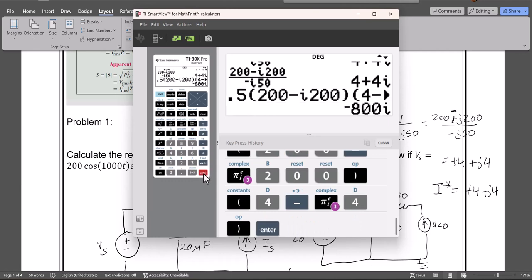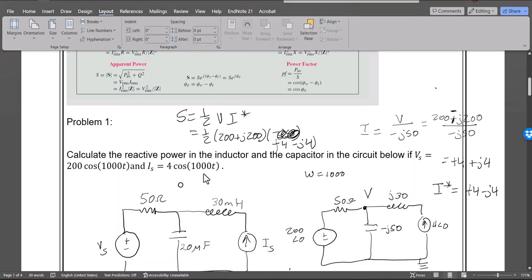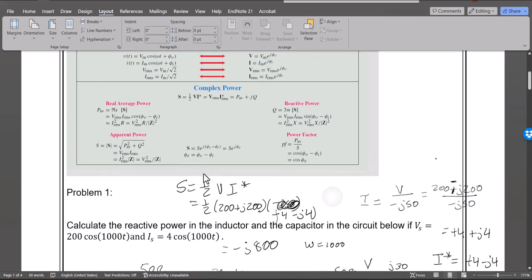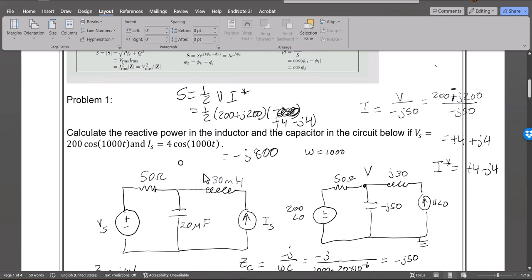Minus J800. So in this case, it's very easy to see what the reactive power is, because the reactive power is the imaginary part, and there only is an imaginary part.